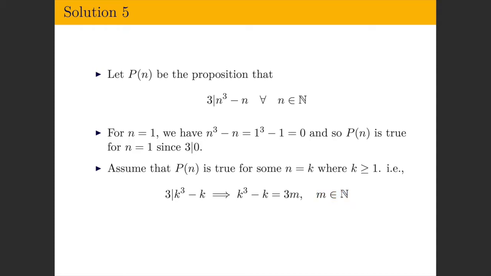That's what it means to be divisible. If 3 goes into k cubed minus k, then we can equally write k cubed minus k is equal to 3m. And that's what we saw 2 slides ago when we were defining divisibility.